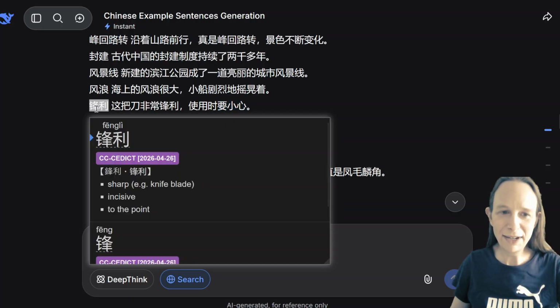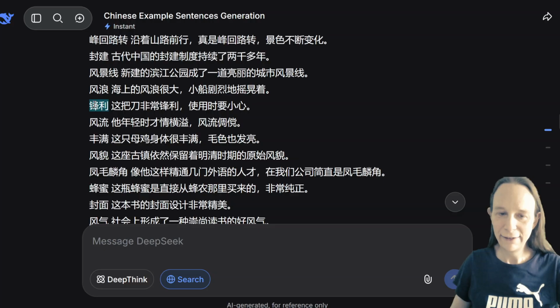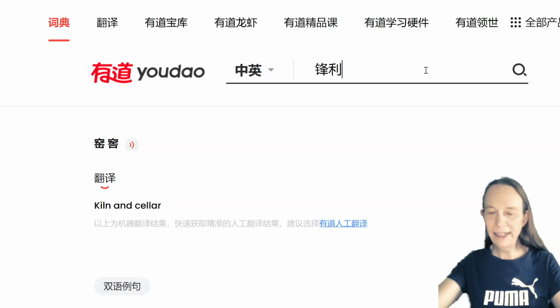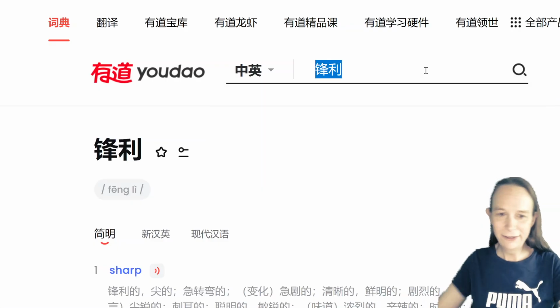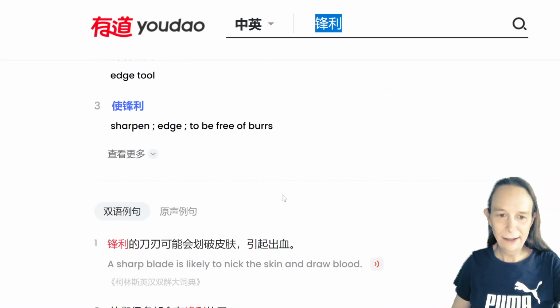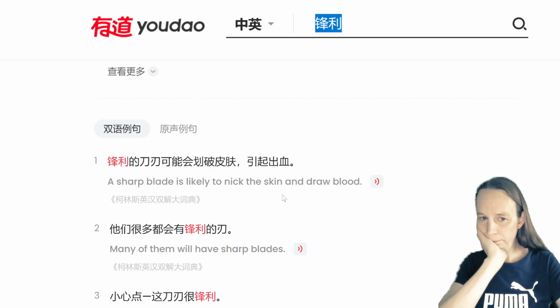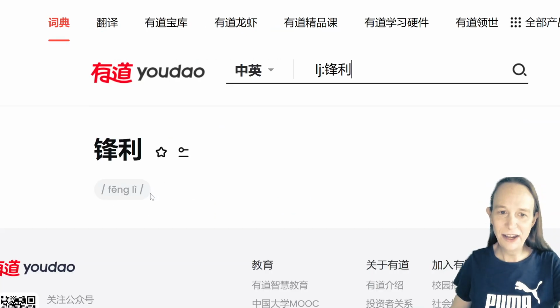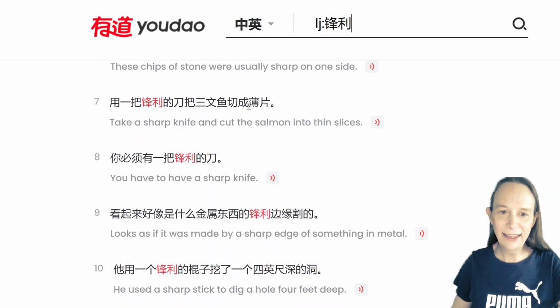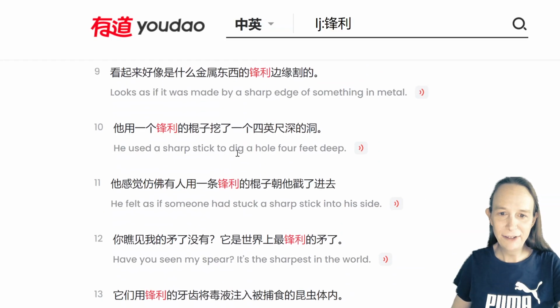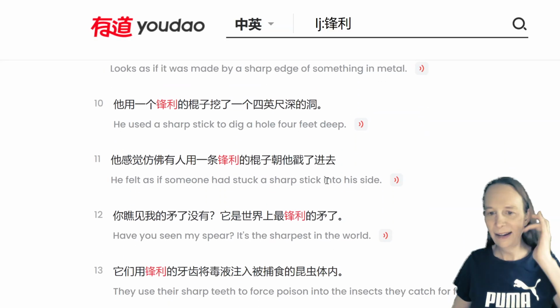So it can describe a knife, but beyond that, 锋利, I think like an opinion or something. 锋利的... maybe I should just use it for knives. These examples are just knives, aren't they? All right.